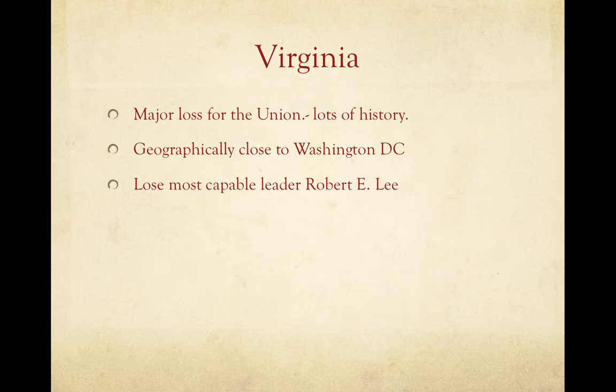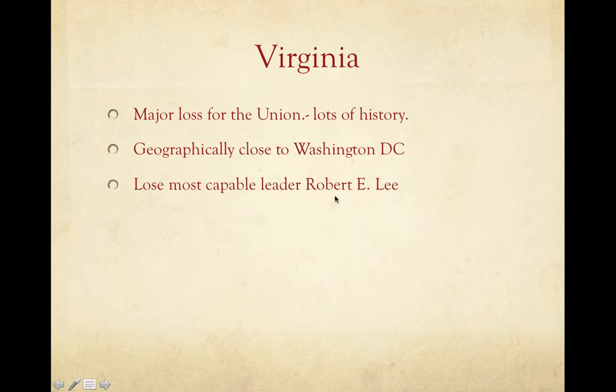it was one of the biggest of the original 13 states, and it was a significantly large state. It was highly populated. It's literally next door to Washington, D.C. There's a river that divides Washington, which is its own territory, from Virginia, and Virginia's right there.